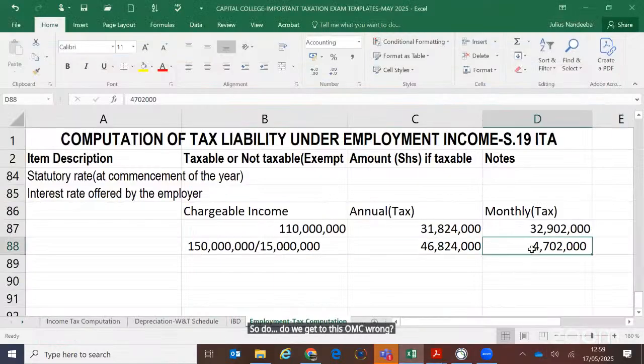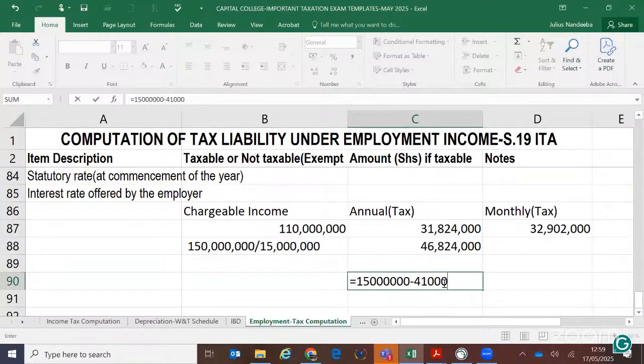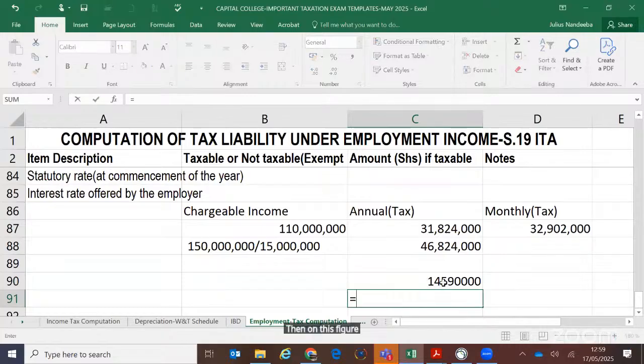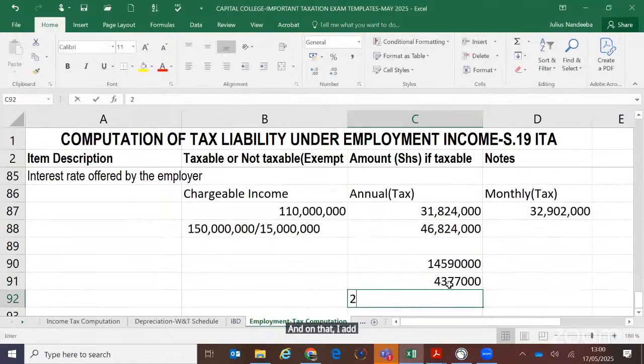I am still wrong. Let's do it together. My chargeable income is 15 million. Minus the 410,000. Then on this figure, I multiply by 30%, 0.3, and on that I add 25,000.